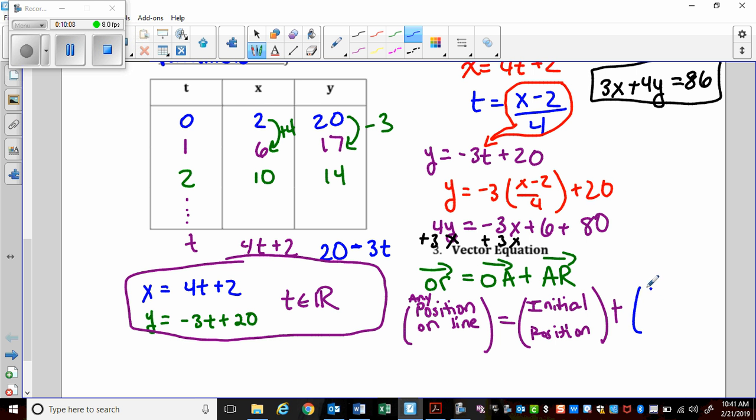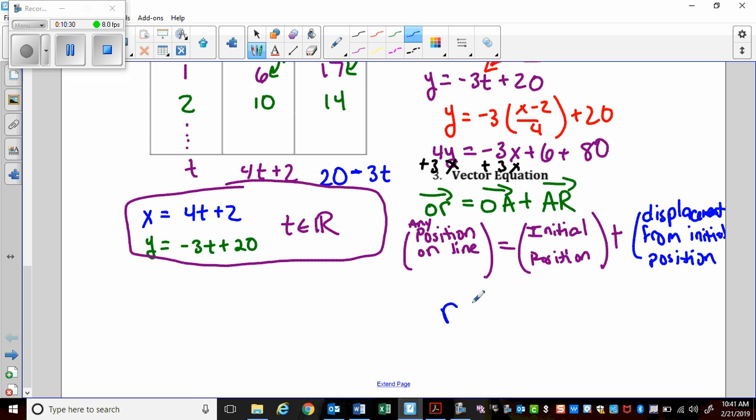We're going to call this the displacement from initial position. Alrighty, so this is going to be R equals A plus T, our time, times B. Also, we'll use lambda for time.